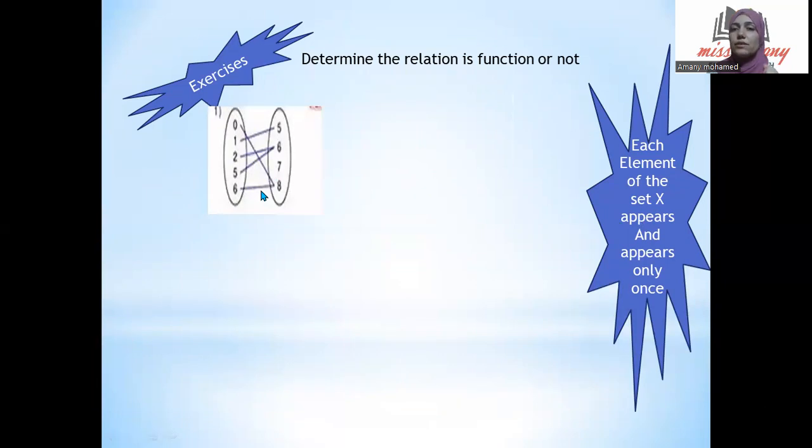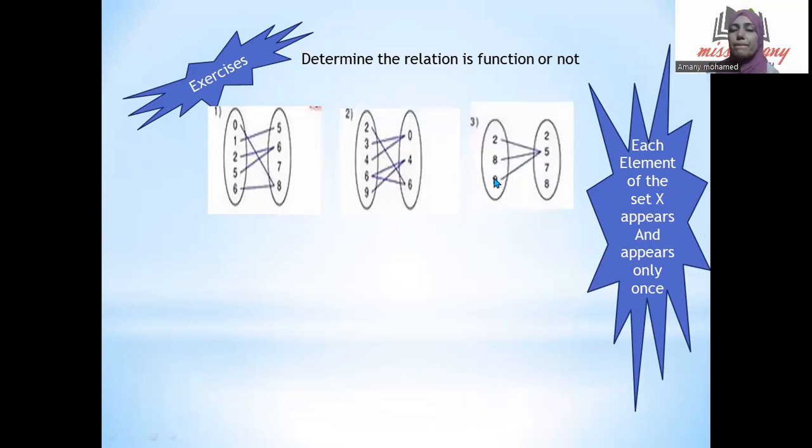It's a function because each element in the first set has one image in the second set, and each element appears. Here, who can tell me if it's a function or not? Yes, Sama? Very good. It's not a function because number 6 has two images in the output.